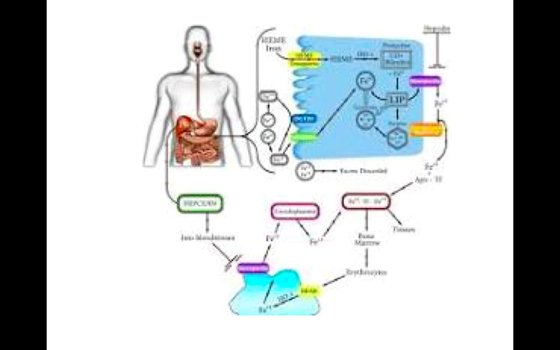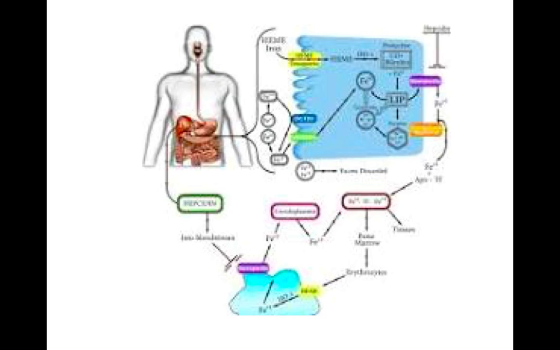Iron is also released into the plasma from the lysis of RBCs. As a regular phenomenon, there is lysis of RBCs, releasing hemoglobin into the plasma. The globin part is utilized for amino acid metabolism, and the iron part is taken up by the macrophages and stored in the liver.